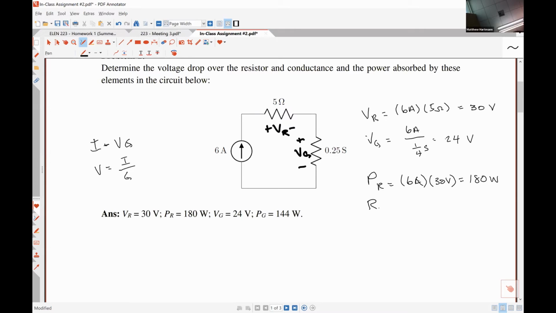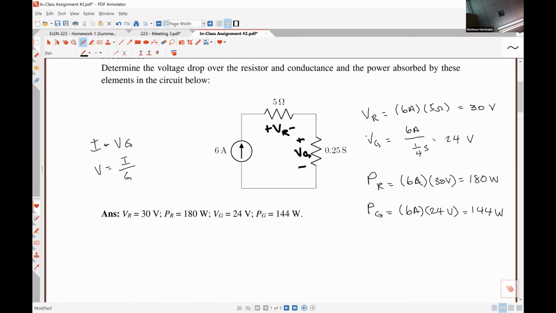And the power absorbed by our conductance is going to be 6 amps times 24 volts. So that's 150 minus 6, 144 watts.